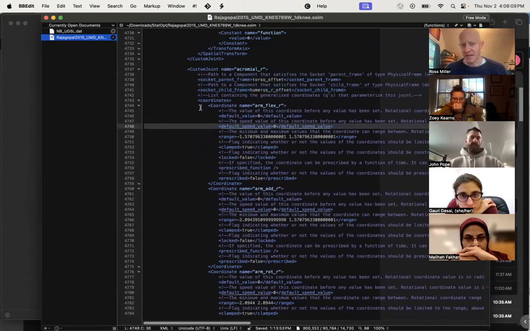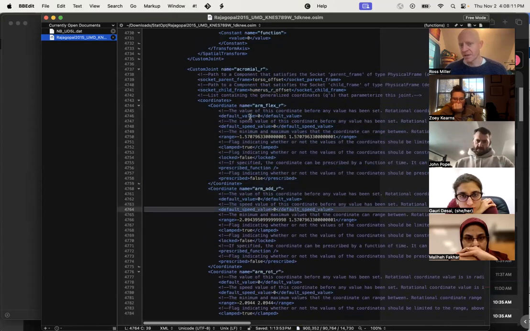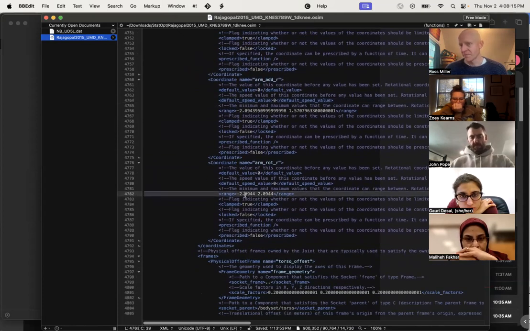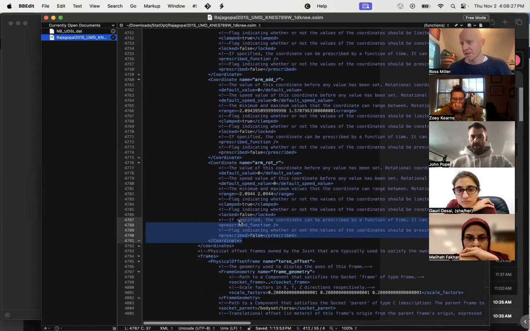You can see it's got 3 coordinates defined: arm flexion, arm adduction, arm rotation. Those are the 3 motions. You'll need to define 3 new coordinates, bringing it to 6 total, of XYZ translation of that joint in that socket.